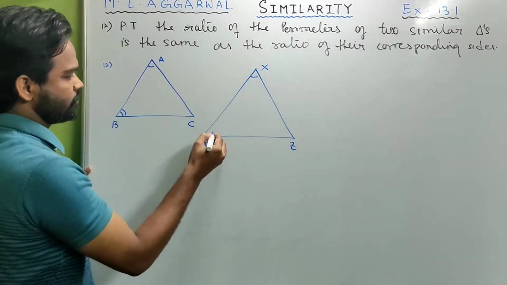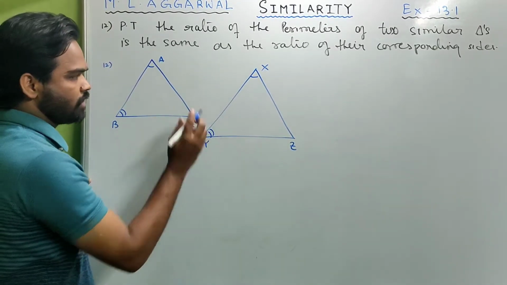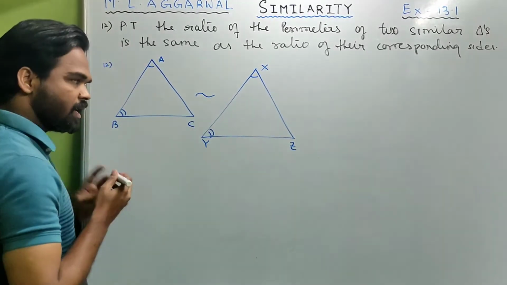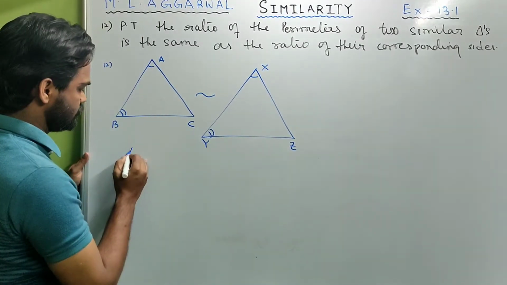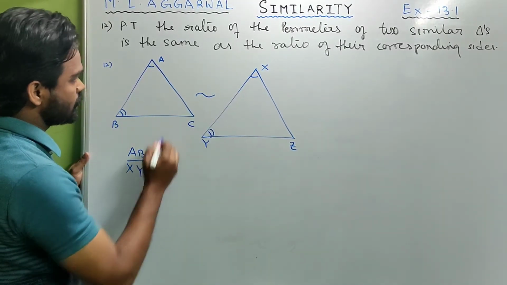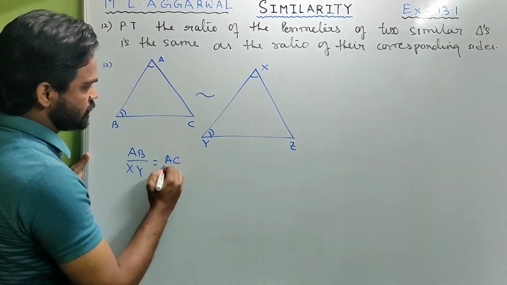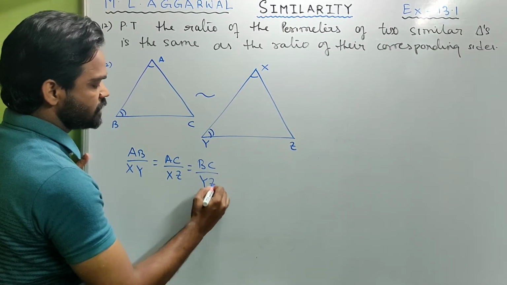They're given. I've taken angle A is equal to angle X, angle B equals to angle Y, so they are similar. Now, if they are similar, we can write that AB by XY is equal to AC by XZ is equal to BC by YZ, isn't it?